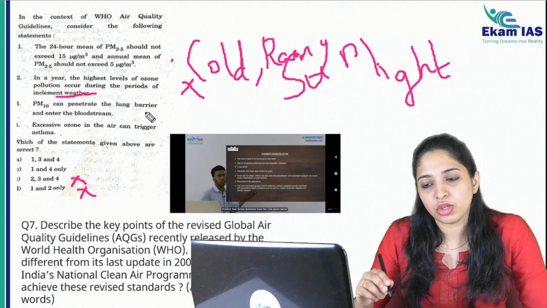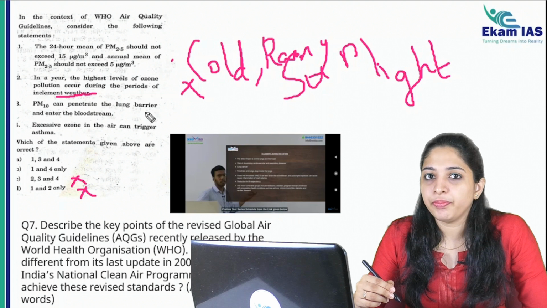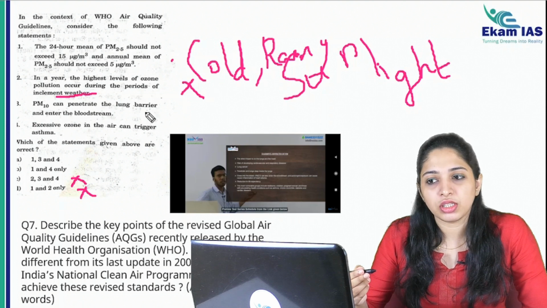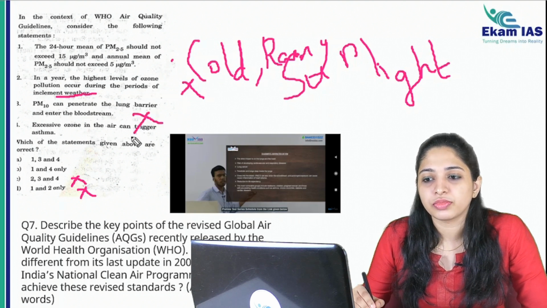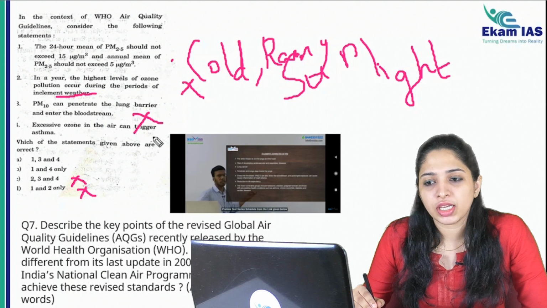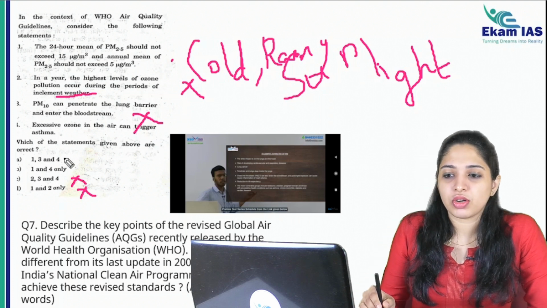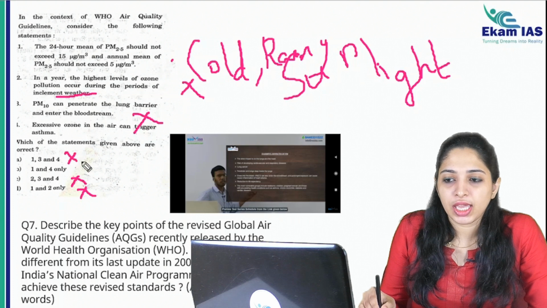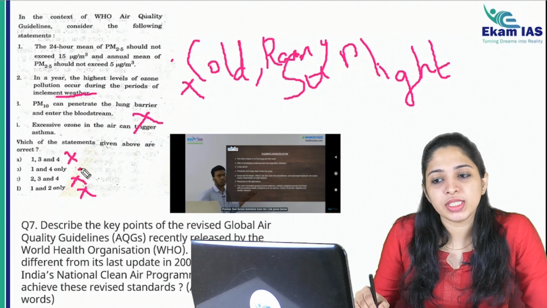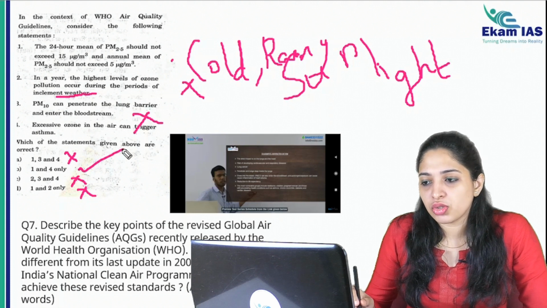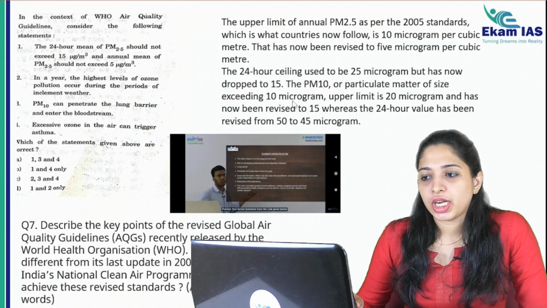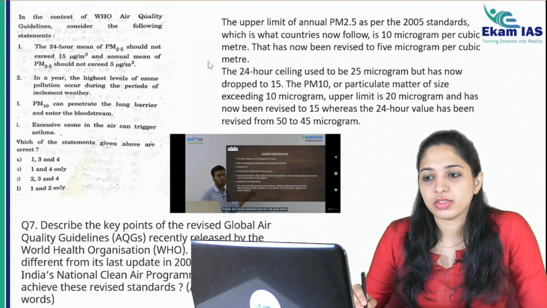Particulate matter of size below 10 can enter the lung barrier and the bloodstream. Therefore, the third statement is wrong. Then the fourth statement: excessive ozone in the air can trigger asthma. If the third statement is wrong, we can cancel A, and the answer becomes 1 and 4. And if we go to the WHO guidelines and analyze them, we can see that the first statement is also true.